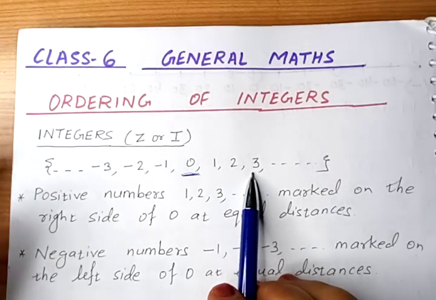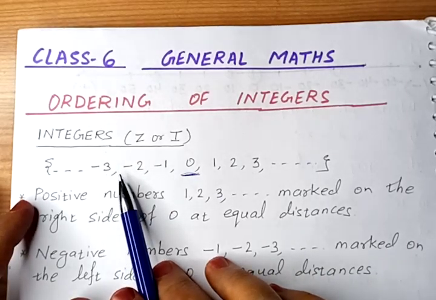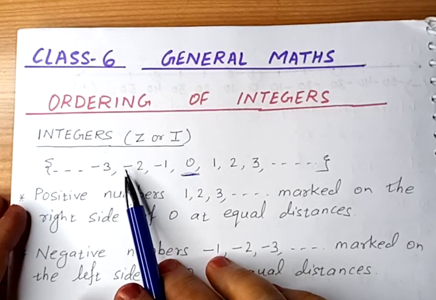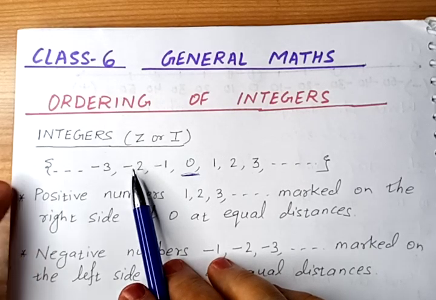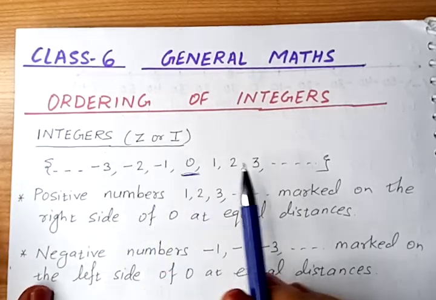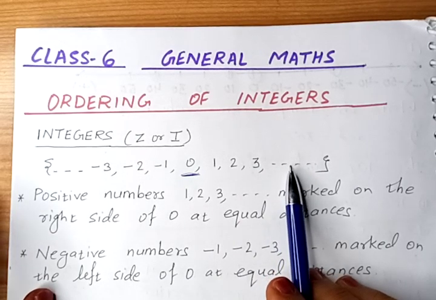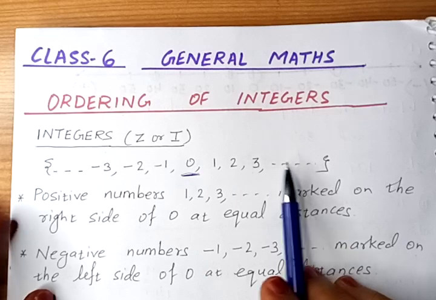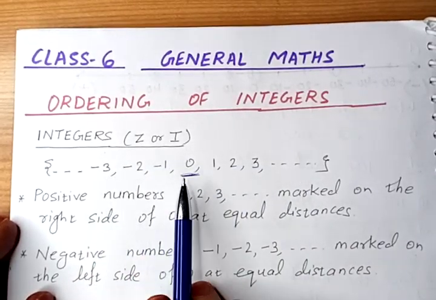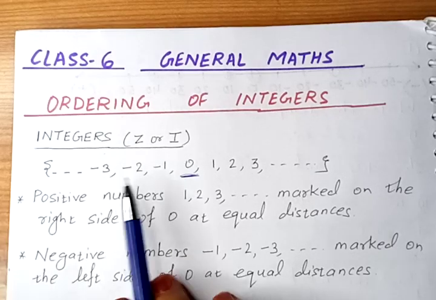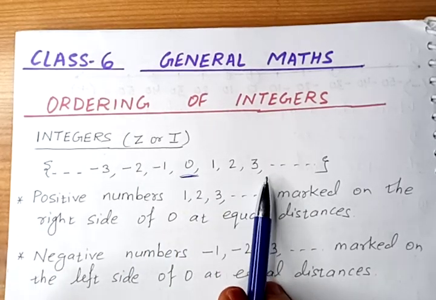There are infinite, unlimited negative numbers to the left of 0 and infinite positive numbers to the right of 0. Clear children? So 0 is in the middle, negative numbers on the left side, positive numbers on the right side.